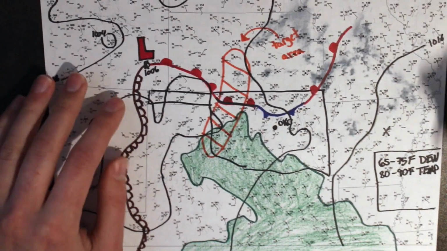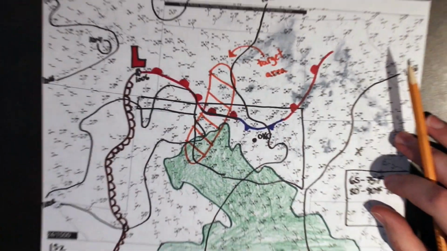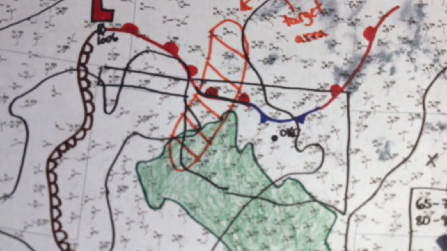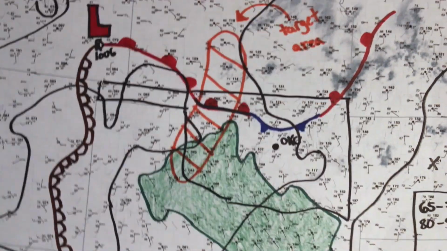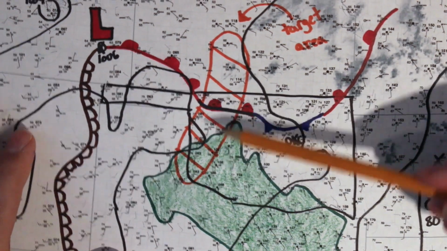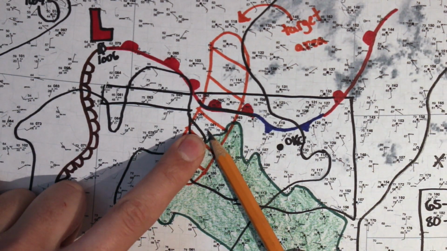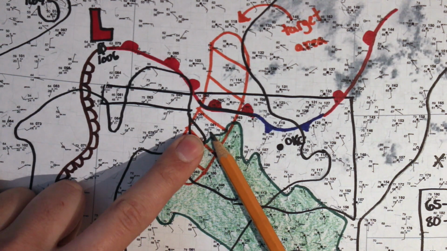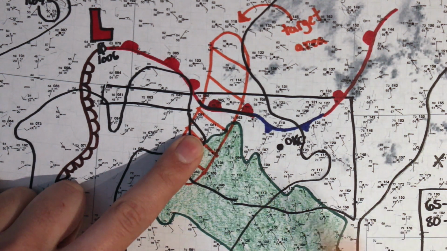Now, let's look into our target area a little bit closer. Try and zoom in. So our target area here, we have 75 temperature over 69. It's fairly good. It's within our range.